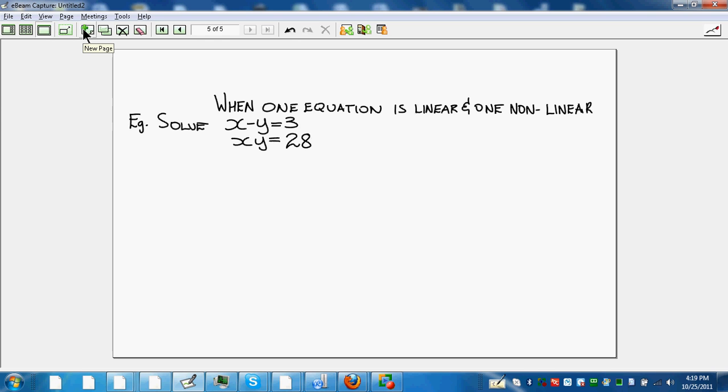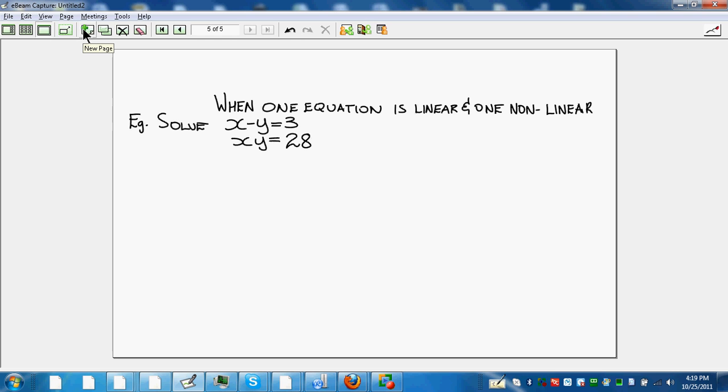The first one, x minus y equal to 3, that is the linear equation. And the second one, xy equal to 28, that is the non-linear equation. That one is non-linear because there's a combination of variables. It would also be non-linear if there's an x squared term or a y squared term present.